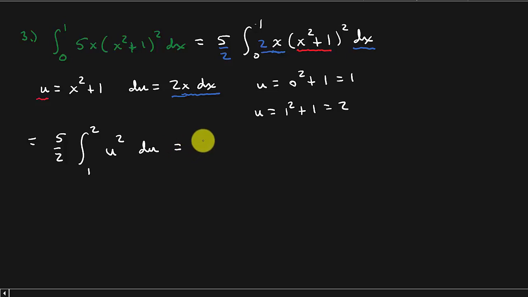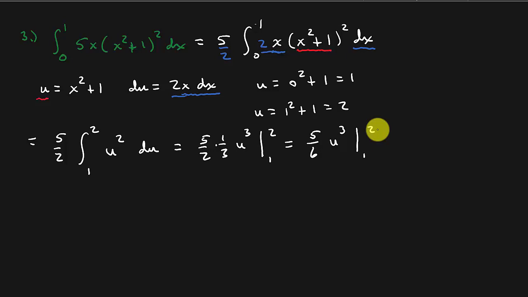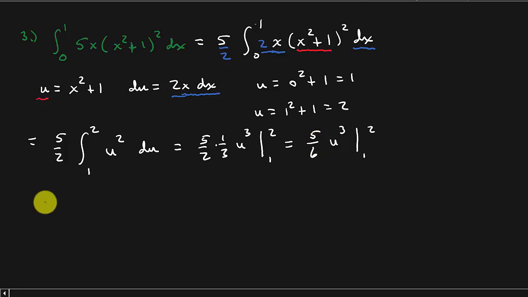All right, so let's integrate. So we've got 5/2, and so we've got u squared, right? Add 1, multiply by the reciprocal of the new exponent, and that's from 1 to 2. And so this is going to give me 5/6 u cubed from 1 to 2. Okay. All right, so this is where it's going to come in handy leaving that 5/6.